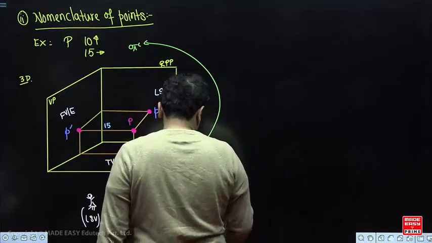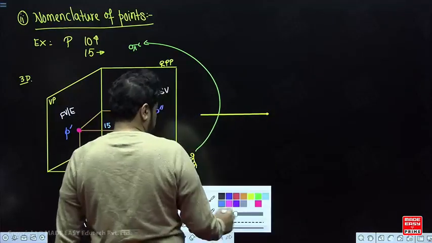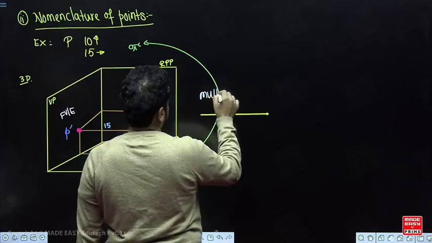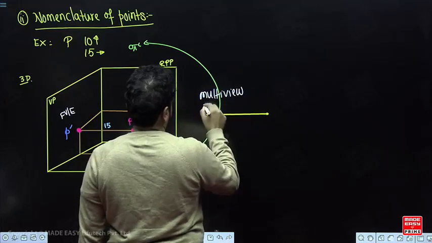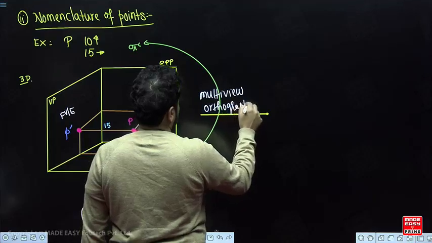Now we need to convert this into a multi-view orthographic projection. For this, what you have to do?